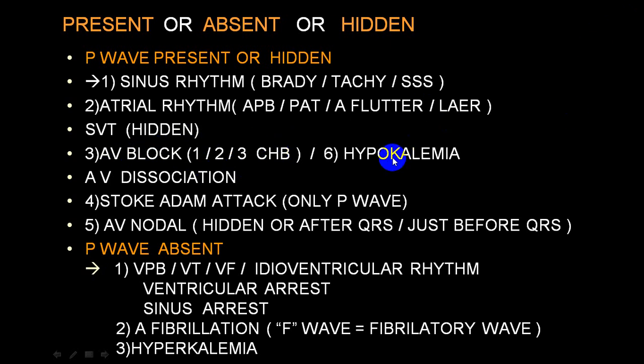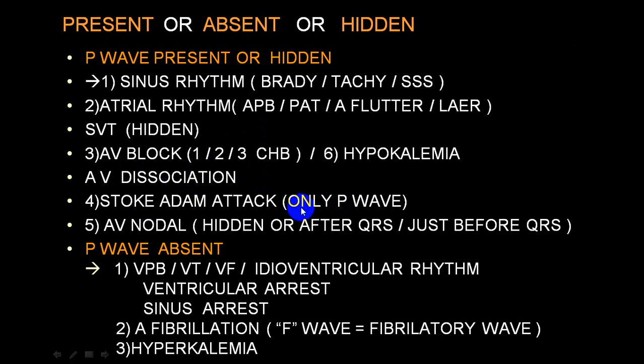In hypokalemia, P wave is present and ST segment changes will take place. T wave will slowly disappear and you will have the appearance of a U wave. In AV dissociation, P waves are present, but the PP interval is less than the RR interval, and this is classical in AV dissociation.